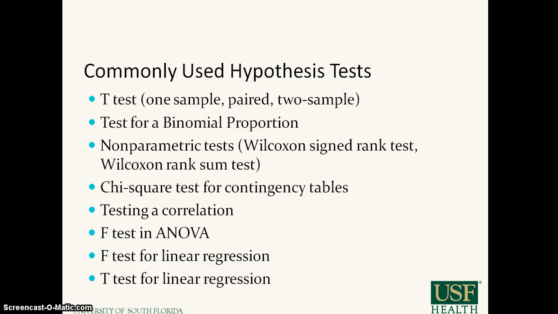And of course, related to ANOVA, you have an F-test in ANOVA to test whether all the groups have equal means. And similarly, you have the F-test for linear regression and the t-test for linear regression. They both test the null hypothesis that the slope of the line equals 0. Okay, so you should have learned all these commonly used hypothesis tests.